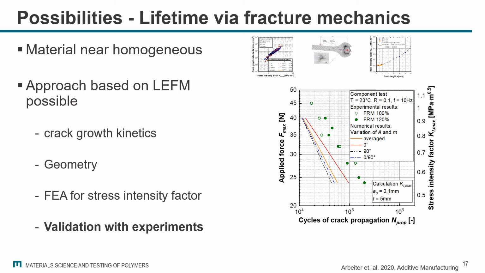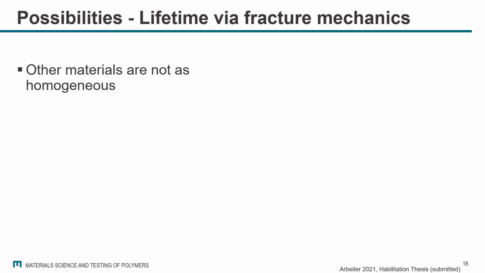And as we can see, for one printing orientation, we could actually get quite nice agreement between the estimated results via fracture mechanical analysis with the actual validation experiments. So one problem, of course, is this only works as long as the material is quite homogeneous and we can apply this fracture mechanical approach, which is then using one dominant crack to estimate the lifetime.